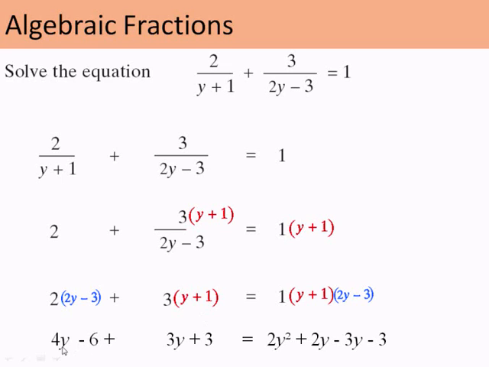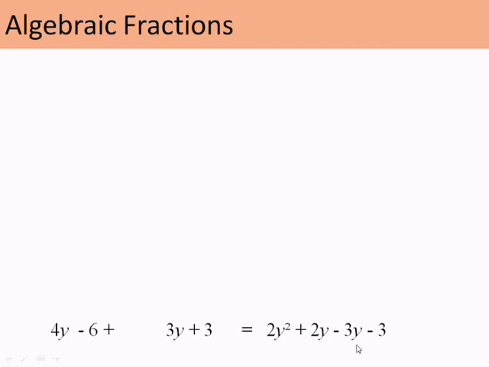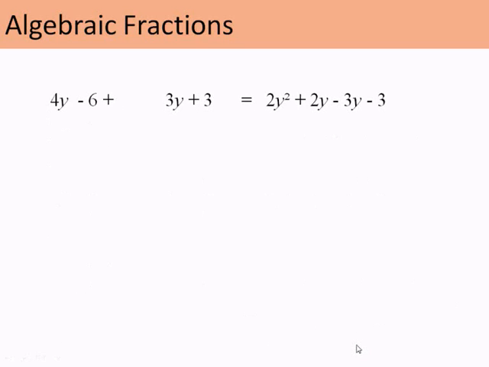And then bring the terms together. So for example, 4y plus 3y makes 7y. Minus 6 plus 3 together make minus 3. And 2y minus 3y will make minus single y. So I'll move that up there and do all that. 7y minus 3 equals 2y squared minus y minus 3.